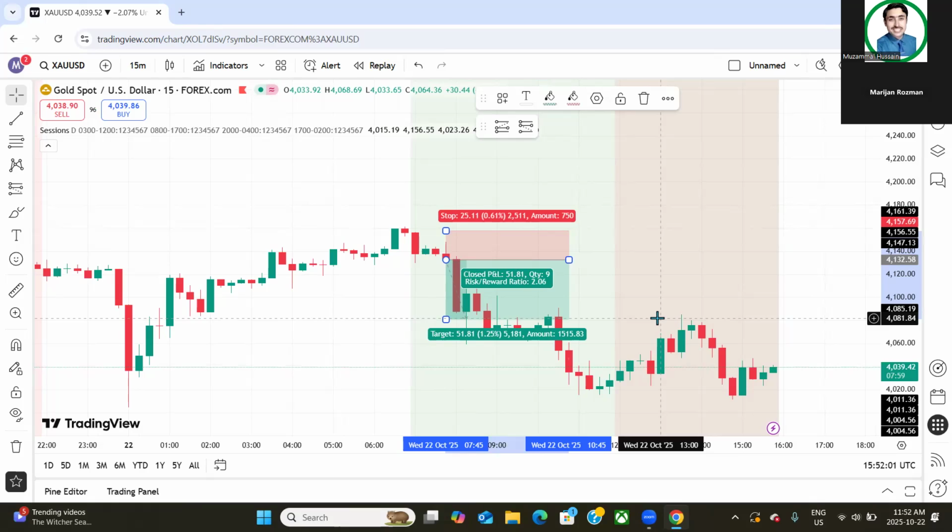We can invest every day. For example, if we lose on Monday, then we can invest on Tuesday. If we lose on Tuesday as well, then we have to invest on Wednesday as well. We continue until we are at least 1% profitable. For example, our account size is $2,000 and our first investment got a stop loss.